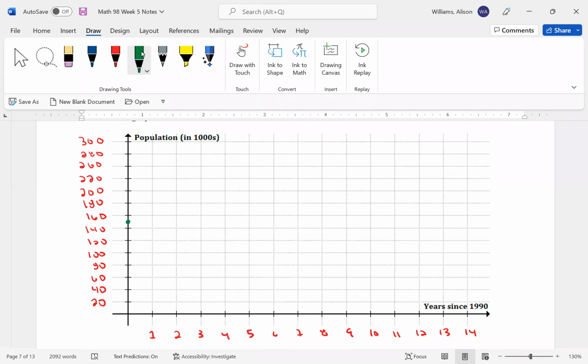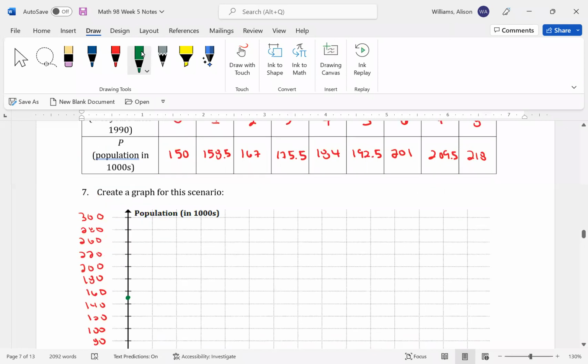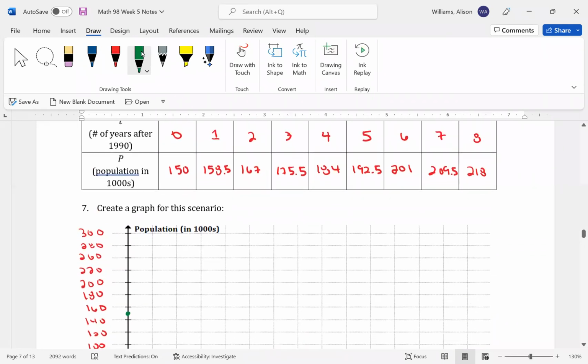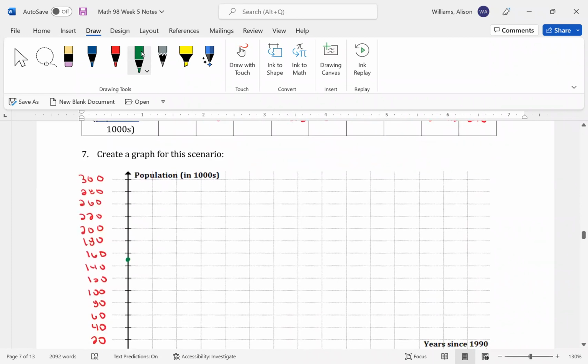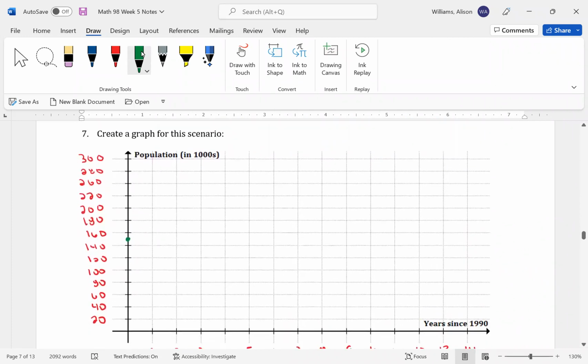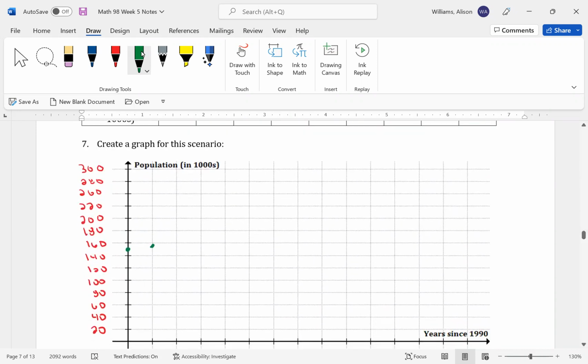Right smack dab in the middle. I might skip every other one. I don't know. One is 158.5. You know what? I'm just going to suck it up. 158.5 is going to be real close to 160. And then it goes to 167, which should jump a bit.